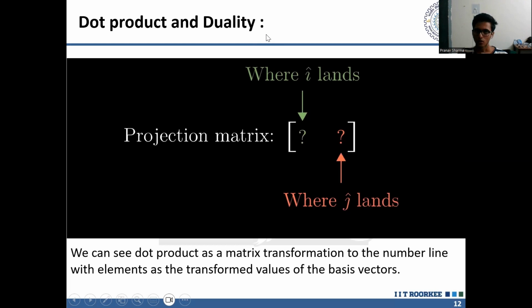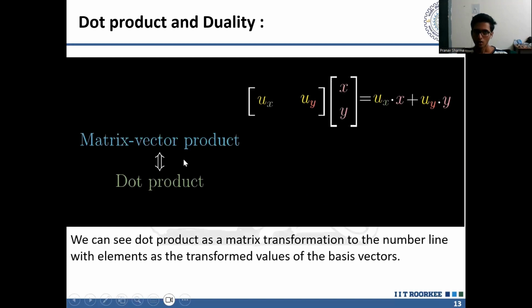Now, in case of dual vectors, this matrix transformation transforms from 2D to the 1D number line, and this gives the information of where the vector will land on the number line. We can see the dot product is a matrix transformation to the number line with elements as the transformed values of the basis vectors. So we can say that matrix vector product and dot product are just interchangeable, as you can see here.